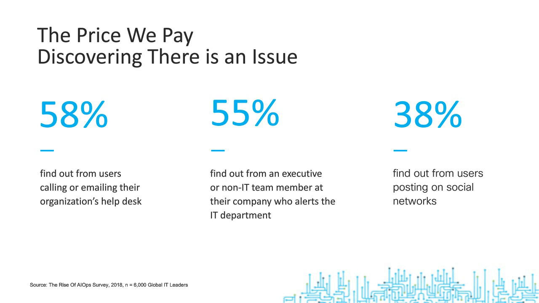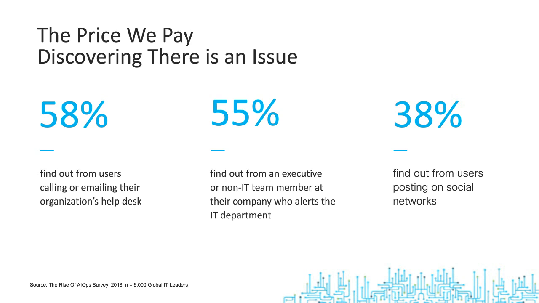And 38% of issues are found out from users posting on social networks. And you simply don't want an issue to be posted to a social network like Twitter or Facebook as your mechanism for finding out about issues.